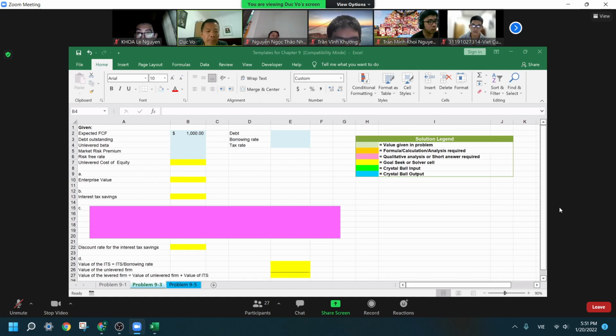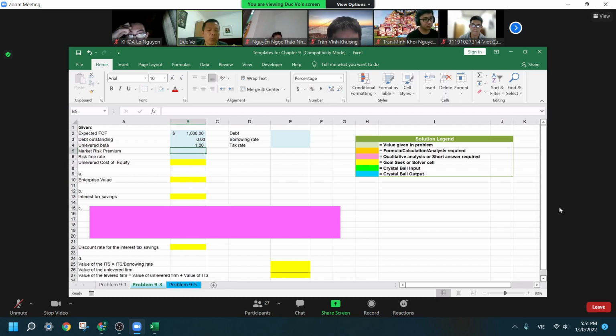For sure, they should. Yes, if you read the first paragraph, it says that the firm currently has no debt outstanding and has an equity beta of 1. So what it means is debt outstanding is 0, and equity beta is 1. So it's provided, right?